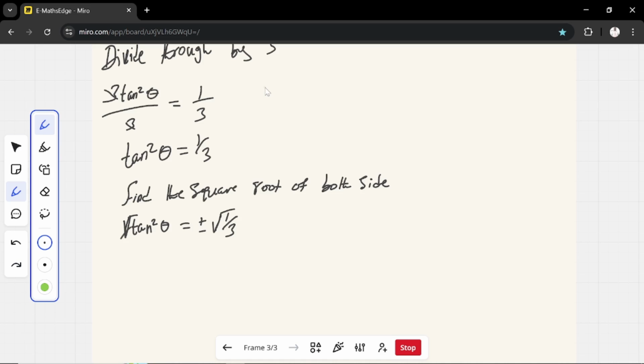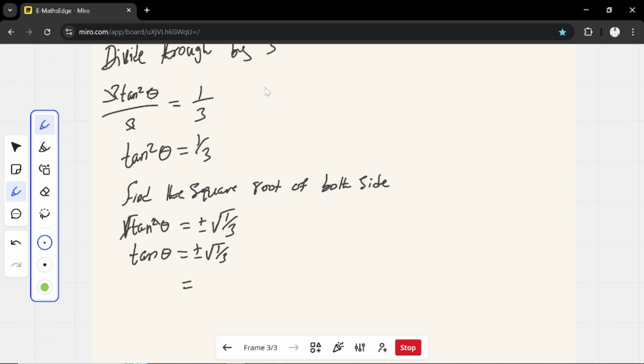The root of tan squared will cancel the square, so we will be left with tan theta equal to plus or minus the root of 1 all over 3, right?